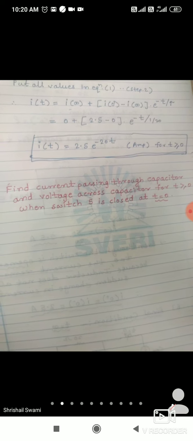Find the current passing through the capacitor as well as the voltage across the capacitor for t greater than or equal to 0 here.